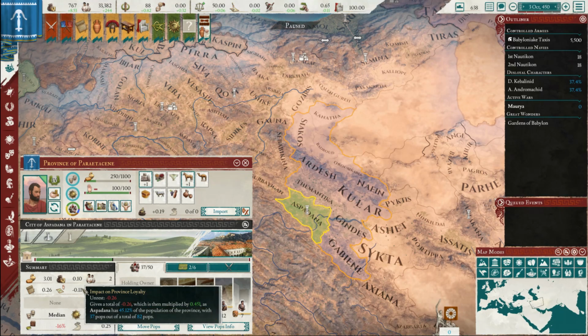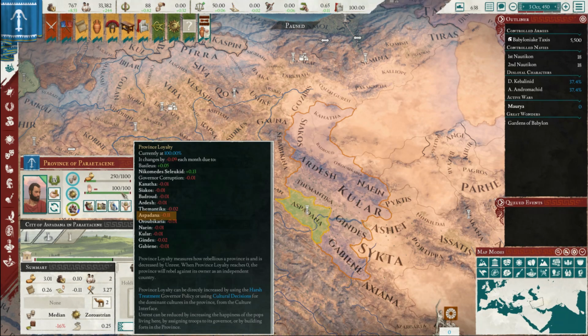So 45.12% of the province's population live in Aspedana, divide that number by 100 and you get the 0.451 value, which we multiply onto the 0.26 territorial province loyalty gained through unrest. So in the end it is 0.26 multiplied by 0.451, and the result is the 0.11 value, which is indicated in the impact on province loyalty, which can be found in the province loyalty bar.